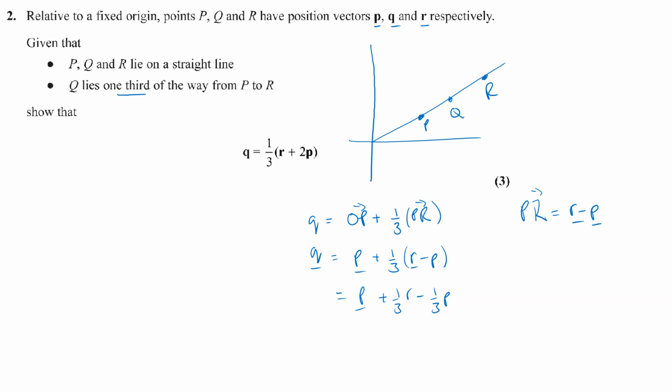A whole p minus a third p is going to equal 2/3 p plus a third r.